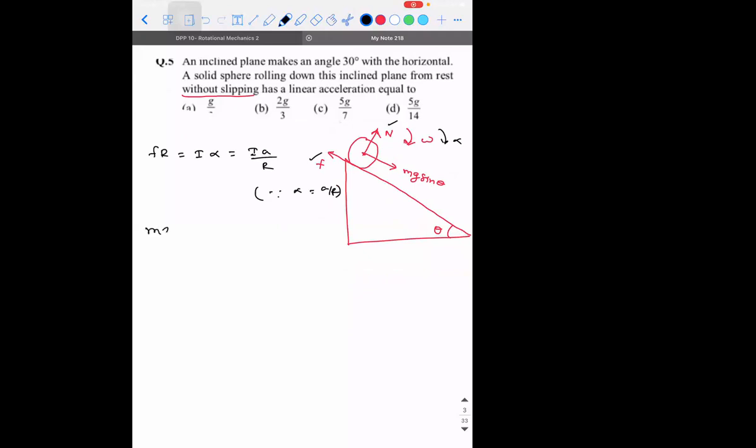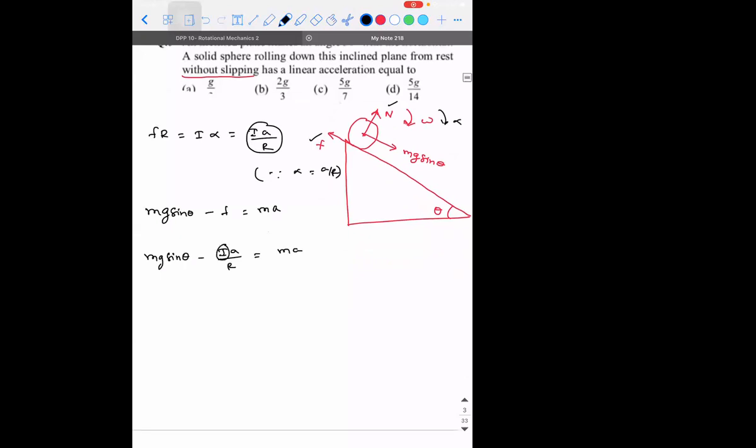Similarly, mg sin theta minus F is equal to M into A, right? So mg sin theta minus, in the place of F, can I write it as I into A by R is equal to M into A. But how do we write I in terms of radius of gyration? Mg sin theta minus mk square into A divided by R square is equal to Ma.